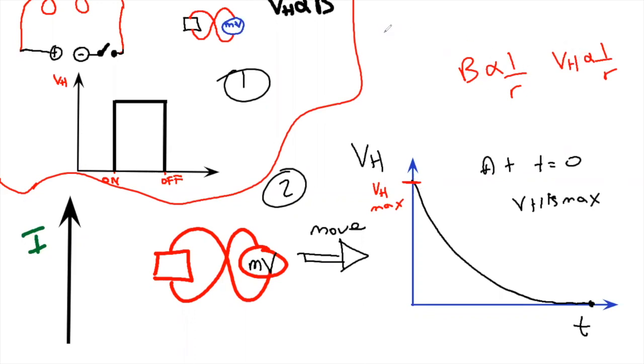B is equal to mu naught I divided by 2 pi R. Basics. All right, note this down, take a screenshot. I think this is easy too. Until we understand it, it's always going to be hard. When we understand it, it's going to be easy.